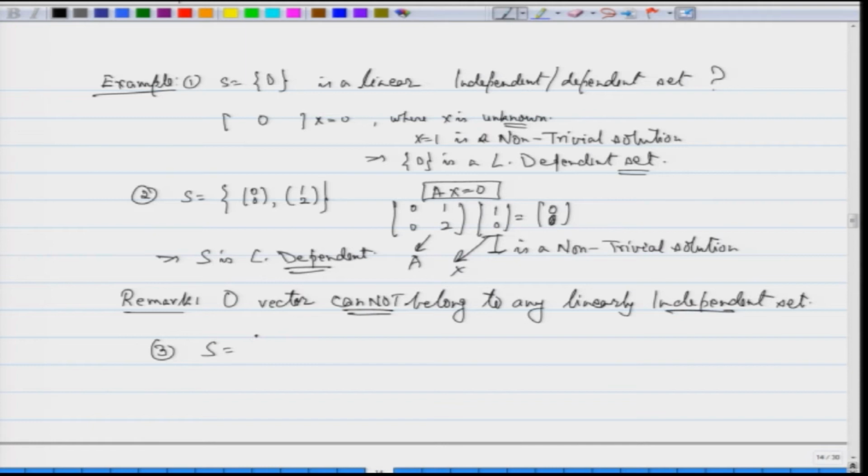I take S as just a single vector 1 2. What happens? Now, I again look at 1 2, this vector times x should be 0 0, x is unknown, and this will imply that x equal to 0 is the only solution. So, it is the only solution means 0 0 is the only solution. So, this is only the trivial solution.